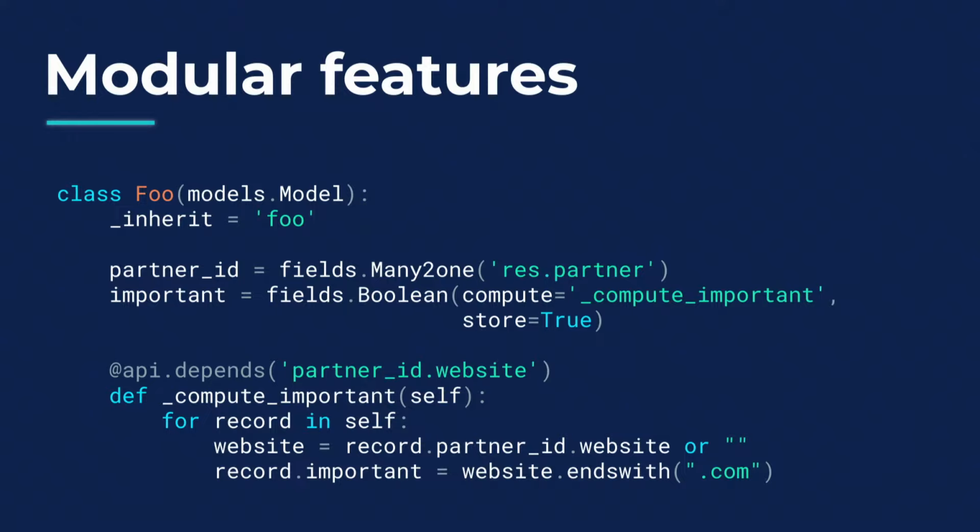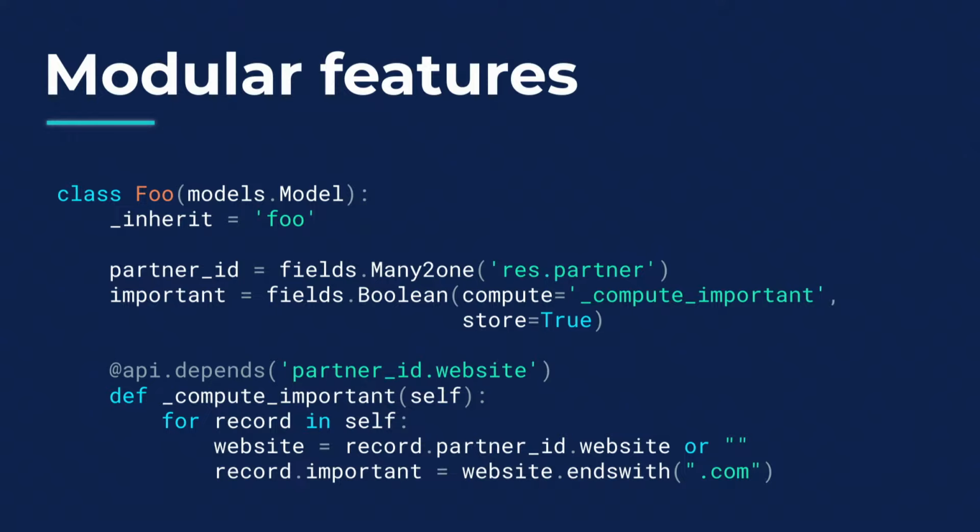Why? Because this is the only code I have to write, and what the framework gives me, not magically, it's actually completely programmed, is a dependency between the model res.partner and the model foo.